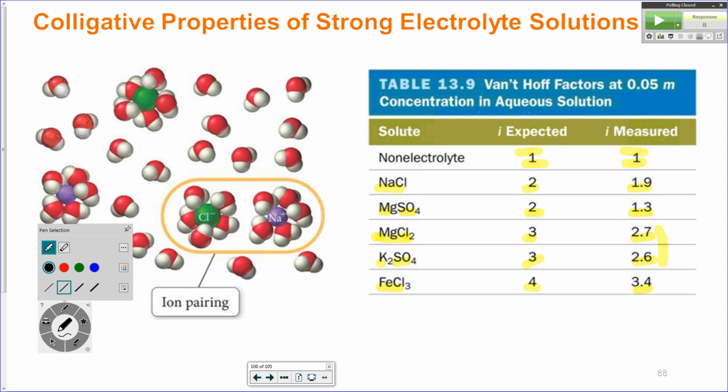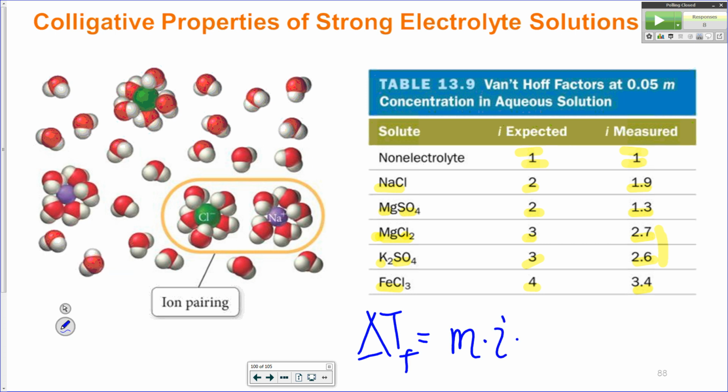Where these come into play in our freezing point depressions is that for an ionic compound, the change in freezing point is equal to the molality times the Van Hoff factor times the freezing point depression constant, or elevation if it's boiling point. So we just multiply it by whatever this term i is.